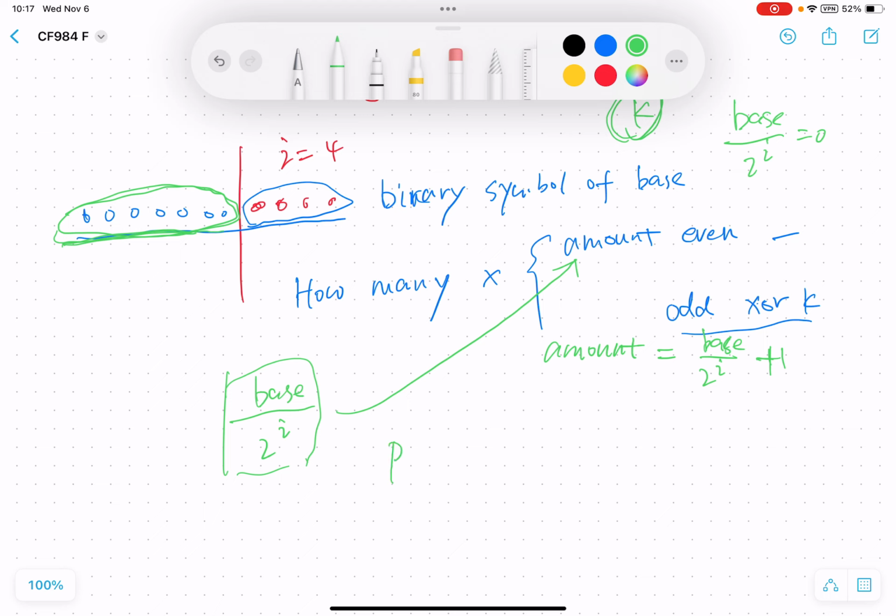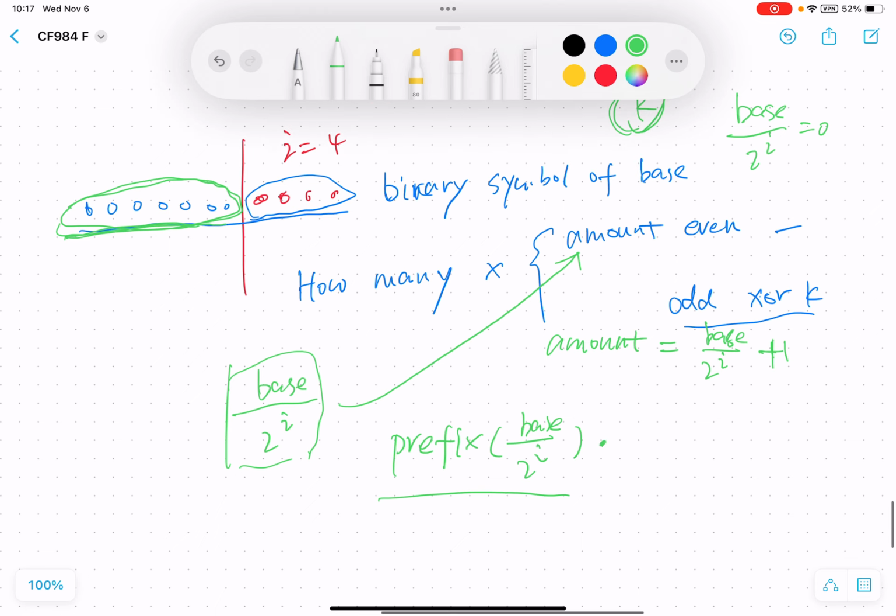So we can use prefix of base over 2 to I. This will be the answer after the first several binary bits do the XOR operation. We also need to multiply it by 2 to the power of I. So this is the next part we need to do.